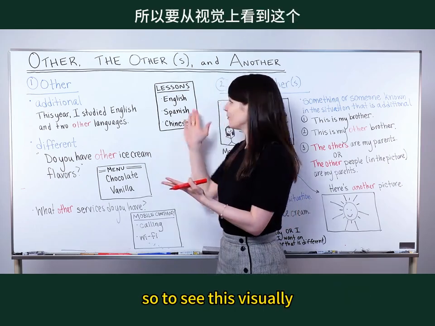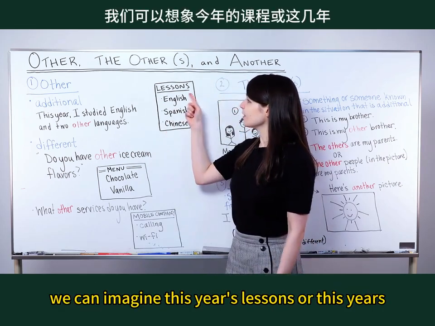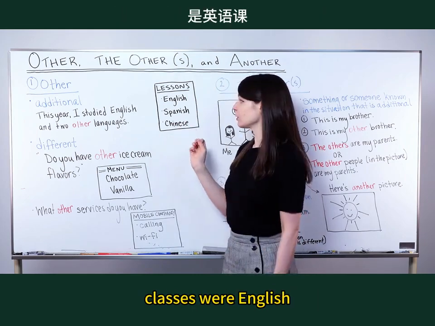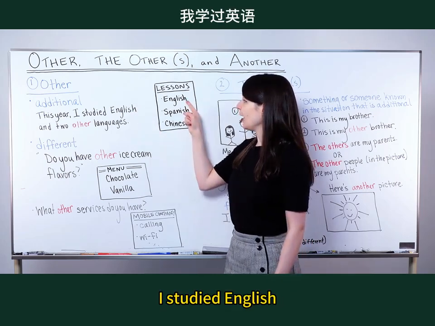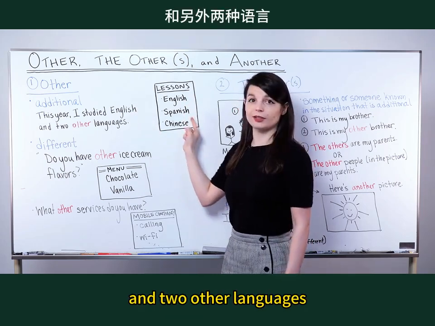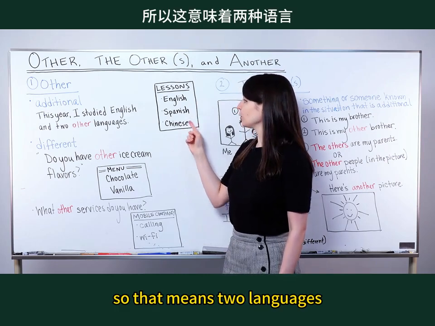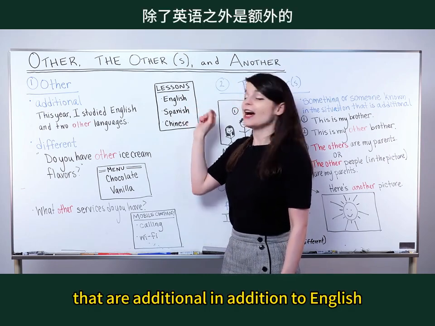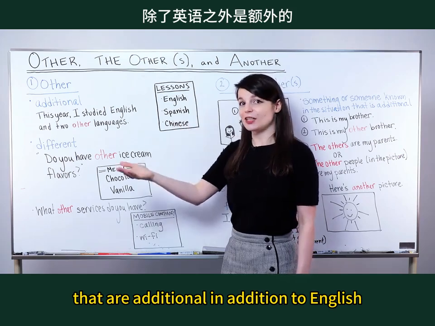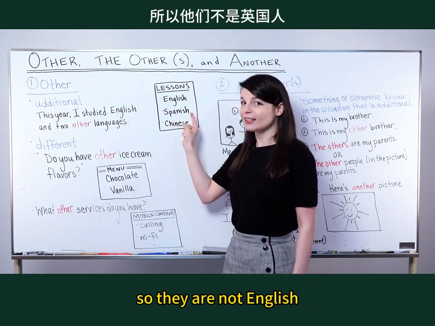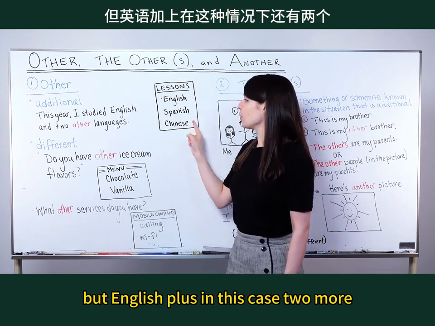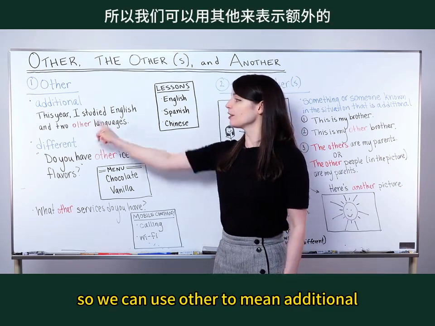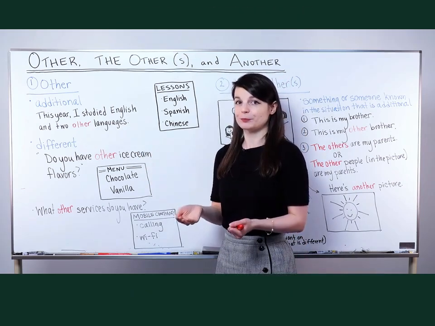To see this visually, we can imagine this year's classes were English, which we know from the sentence, and two other languages. So they are not English, but English plus, in this case, two more. So we can use other to mean additional.